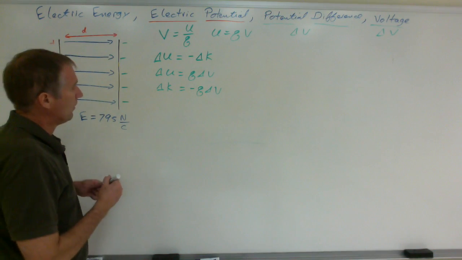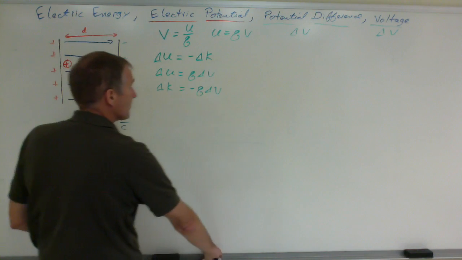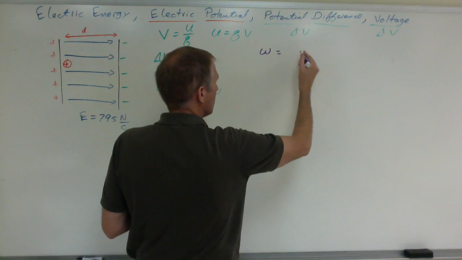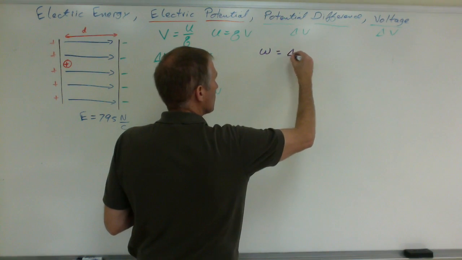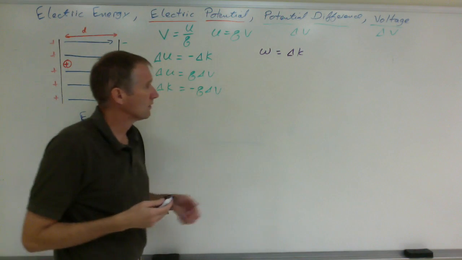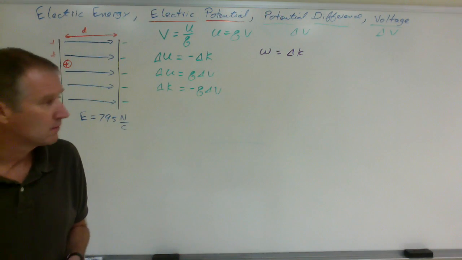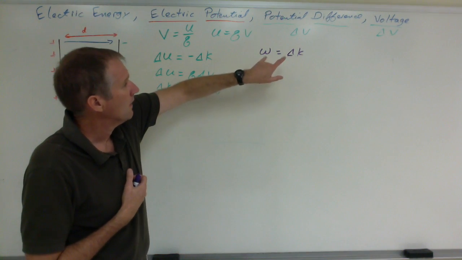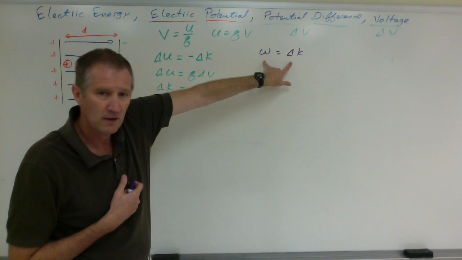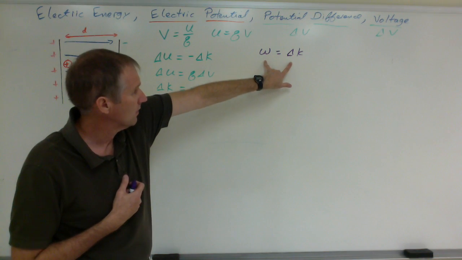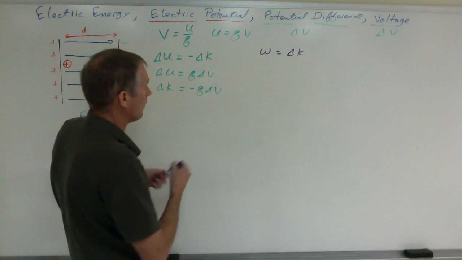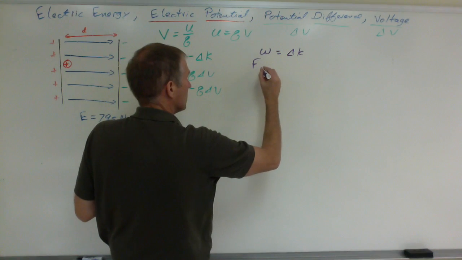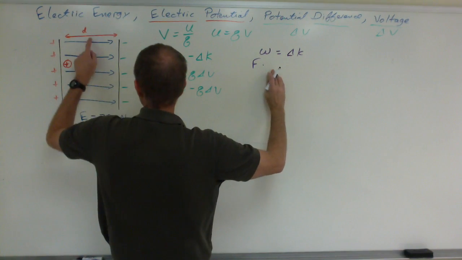One other thing I want to point out, remember that work, when work is done, kinetic energy may change. If the net work is not zero, you'll have a change in kinetic energy. And this is called the work-kinetic energy theorem. We saw it last semester. Well, in this case, the work is done by the electric force through this distance d.